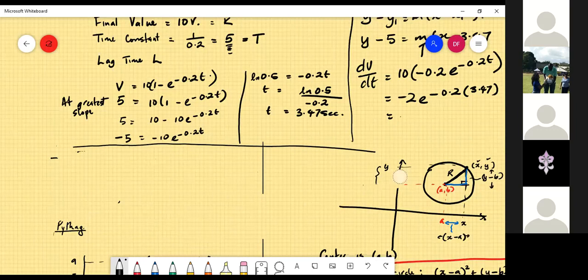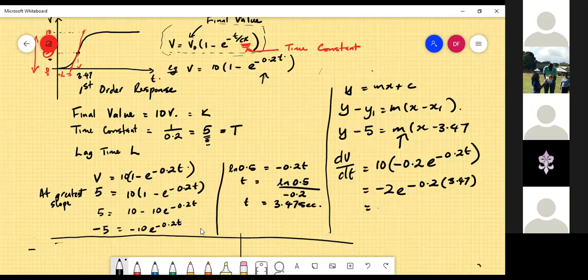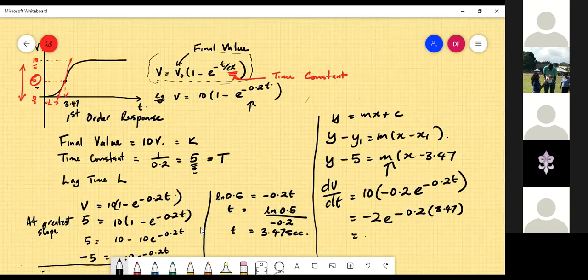So when you differentiate, what does that value give again? The gradient. Because we're going to find the equation of a line. But something is amiss. The reason why I say something is amiss is because this line has a positive slope and we're getting a negative slope.